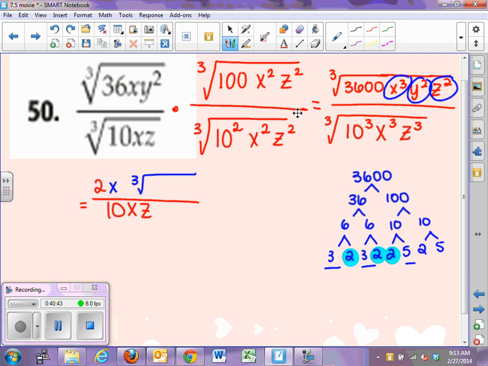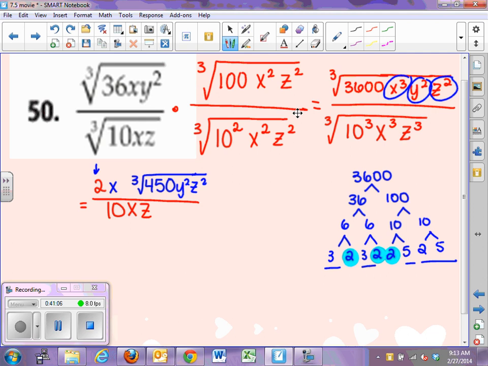I'm going to do this in my calculator. 9 times 5 times 2 times 5, which is another 10, so that's 450. Again, the check for this would be, what's 2 to the third power times 450, and I'm getting 3,600, so I'm glad about that. We still have a y squared and z squared.